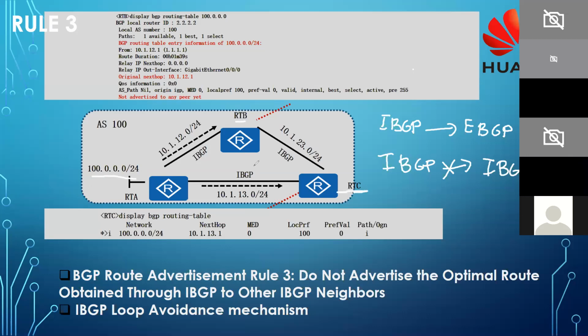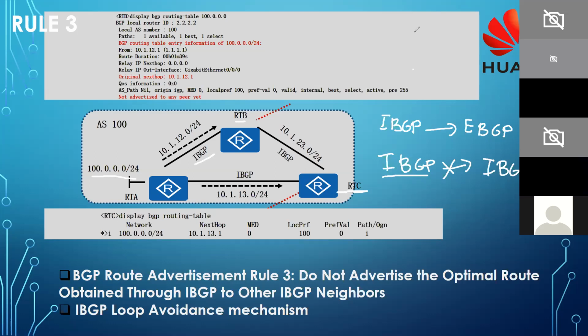But when RTB receives an update via iBGP, RTB can't advertise it to RTC. It's prohibited. And when RTC receives the update from RTA, RTC can't advertise it to RTB. So this is the rule.